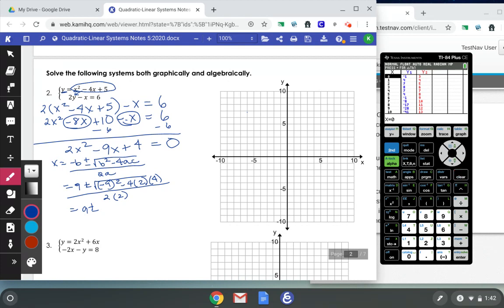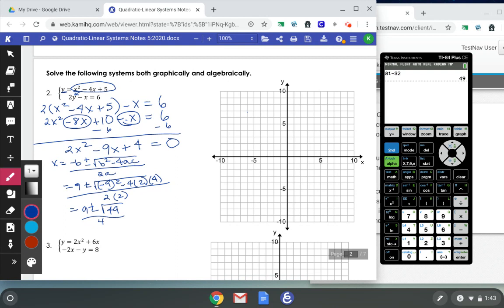Let's see. What do we get? 16 times 2, 81 minus 32. We get 49. So plus or minus the square root of 49 all over 4. All right, and the square root of 49 is 7.